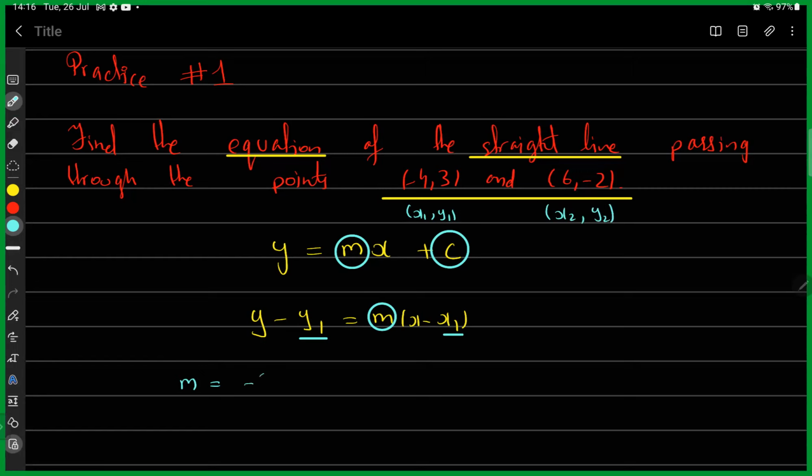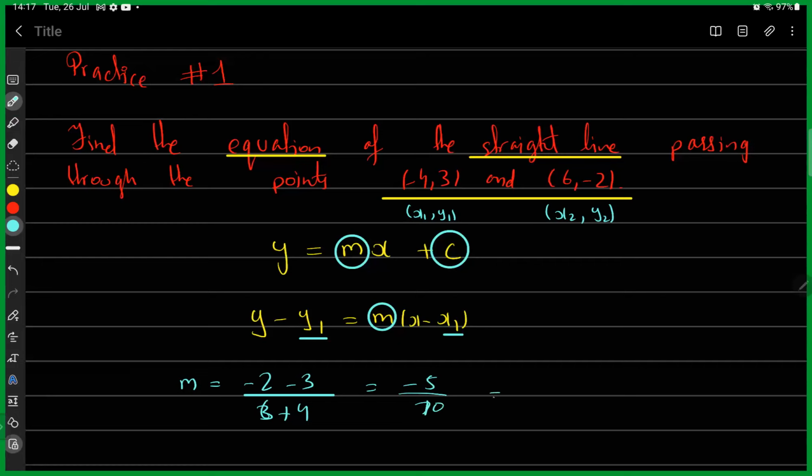So it's y2 minus y1 divided by x2 minus x1, and this would give you -5 over 10.